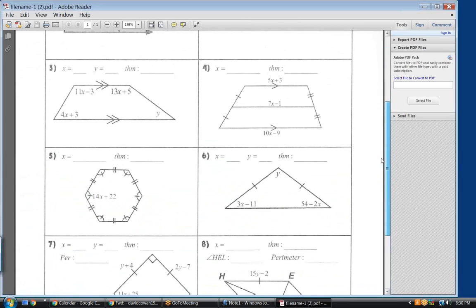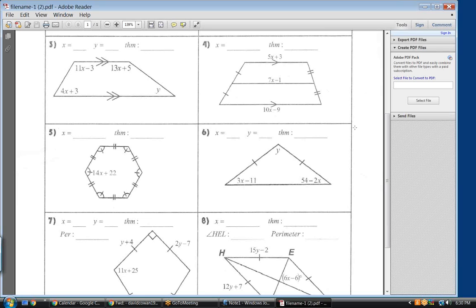That makes sense. Okay, now we have trapezoids. Now, this does not look like an isosceles trapezoid. In other words, that angle is not the same as that angle. So it's not isosceles.